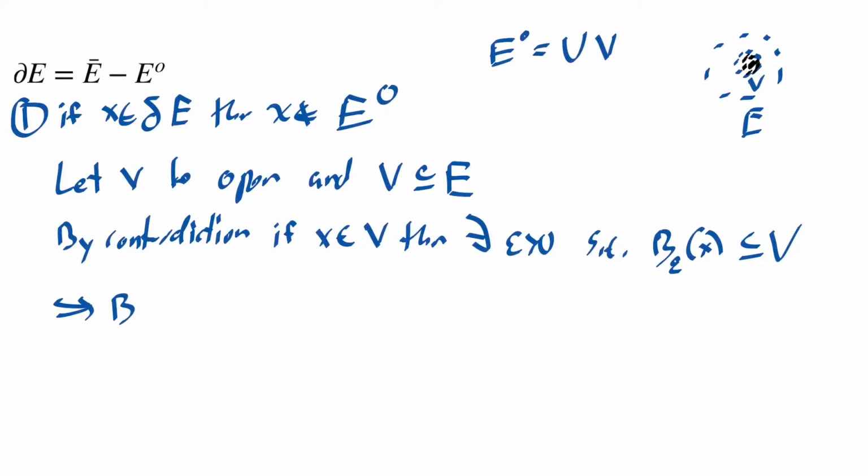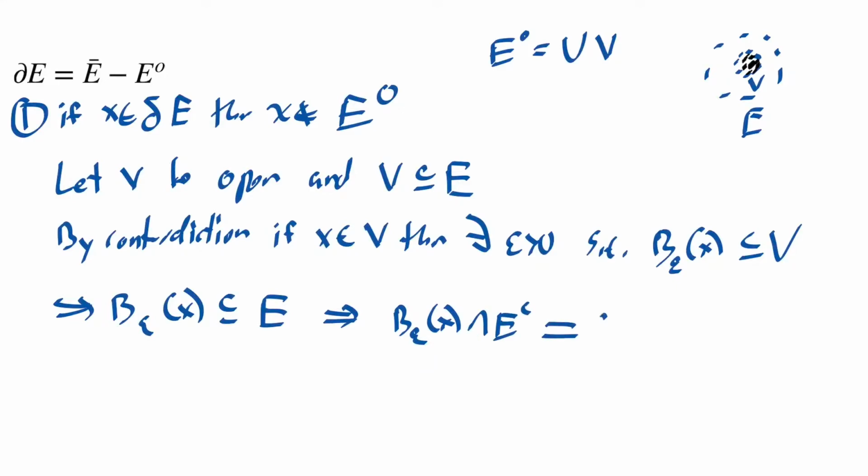But that means that the ball of radius epsilon of X is completely contained within E, which implies that the ball of radius epsilon of X intersect E complement has to be the empty set. Since it's the empty set, that contradicts the fact that X was on the boundary. So X can't be on the boundary, so there's our contradiction.